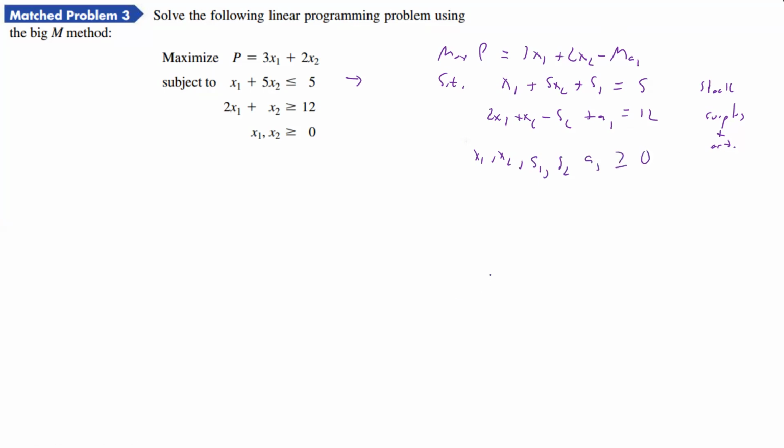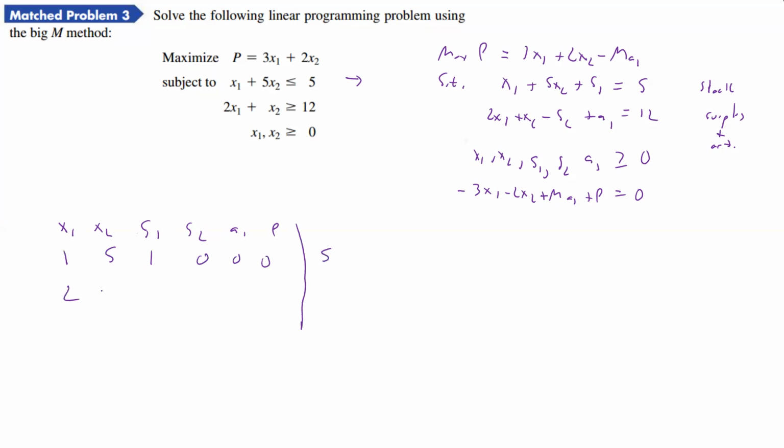All right. So let's put this one in terms of equal to 0. So it's going to be minus 3x1 minus 2x2 plus M a1 plus P equals 0. If we put that into our preliminary tableau, we have x1, x2, s1, s2, a1, and P. Then we have 1, 5, 1, 0, 0, 0, and 5.